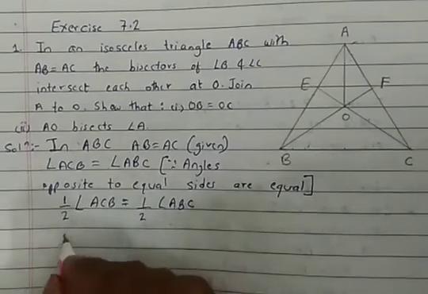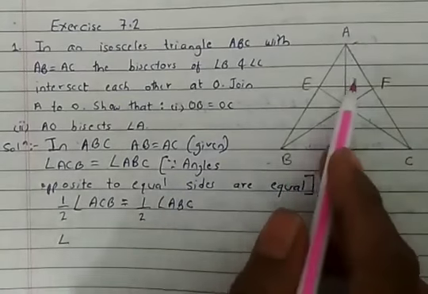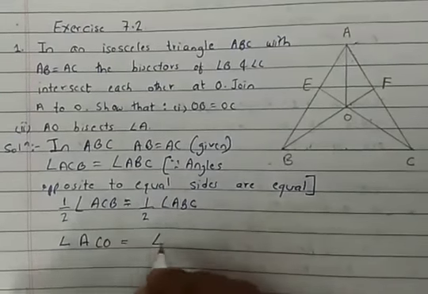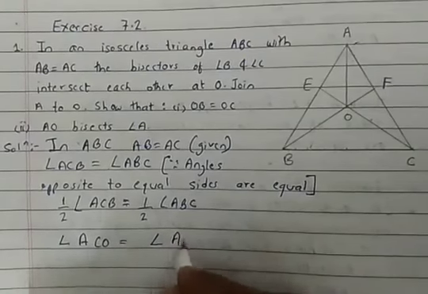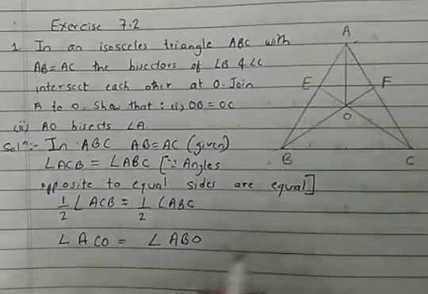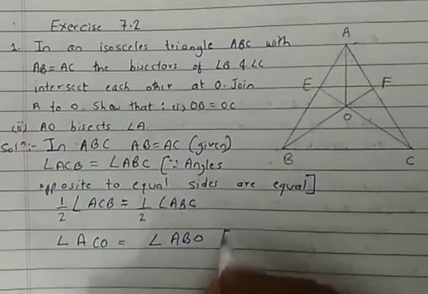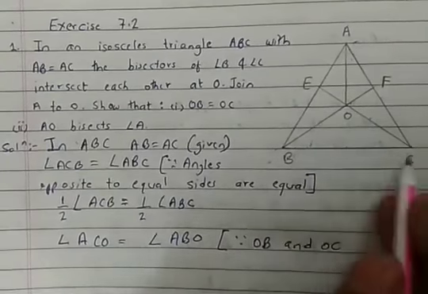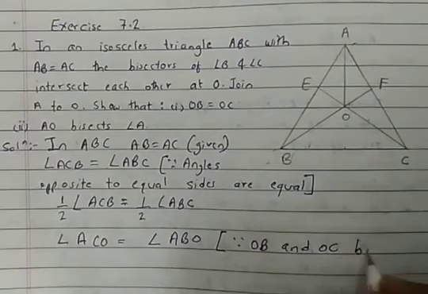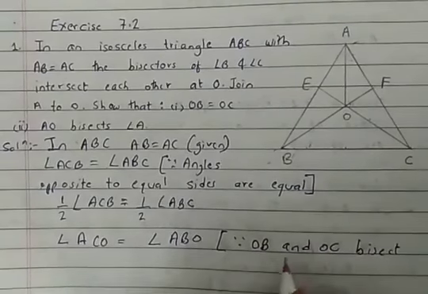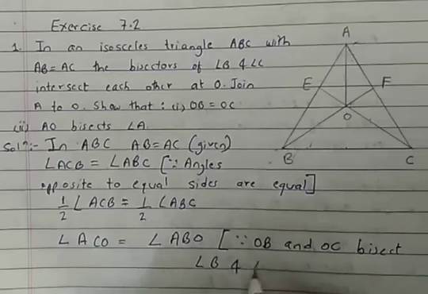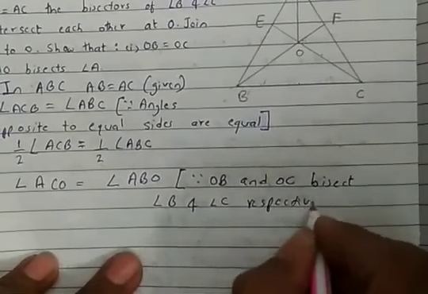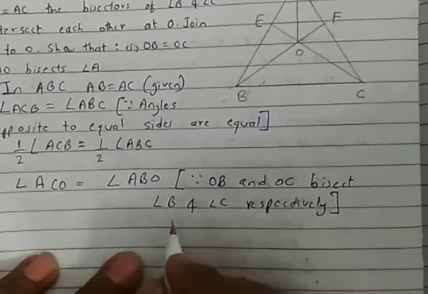So instead of half of ACB we can write angle ACO equal to angle ABO, right? We have to write the reason for that, because OB and OC, right, these both bisect angle B and angle C respectively.